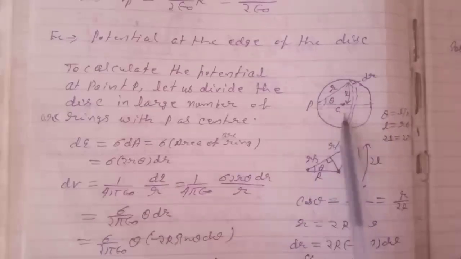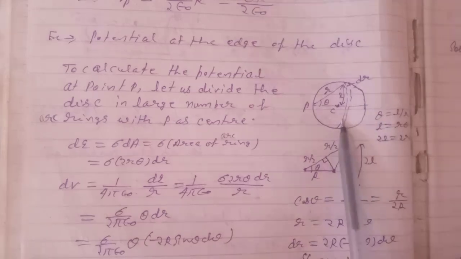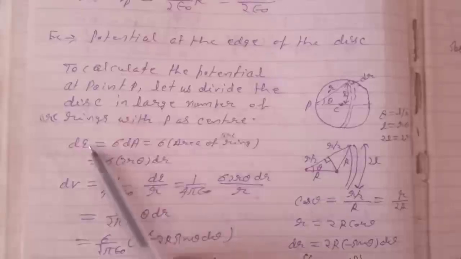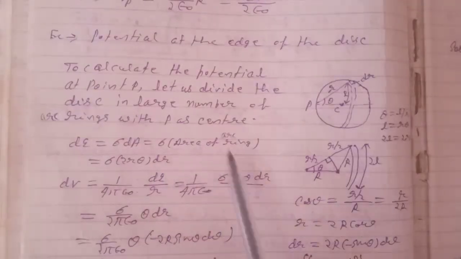Then dq will be sigma dA, sigma into the area of the arc ring.